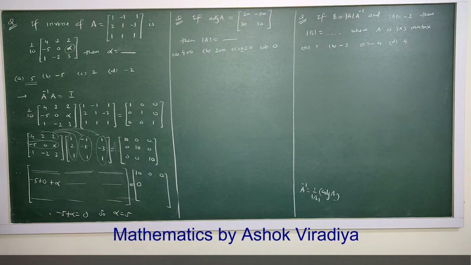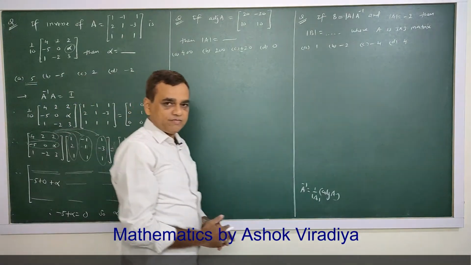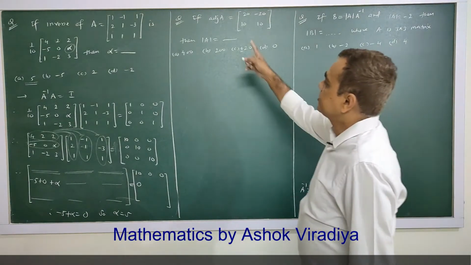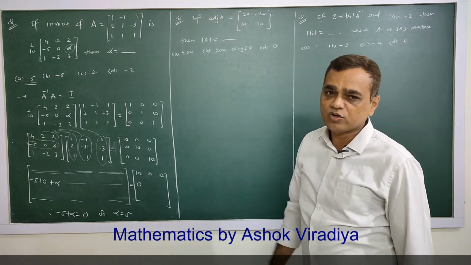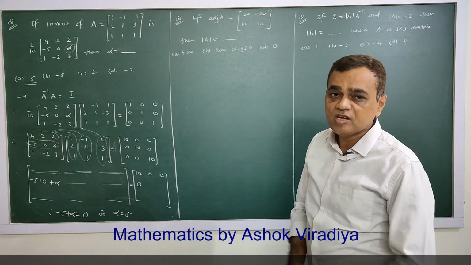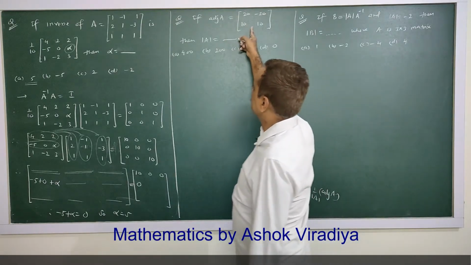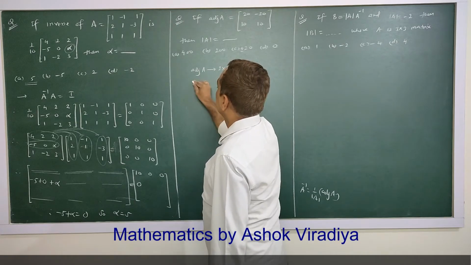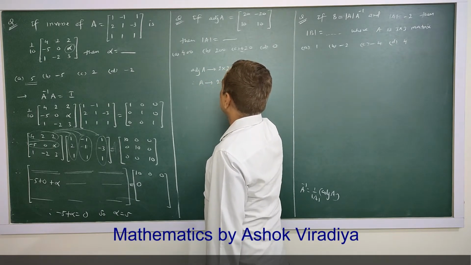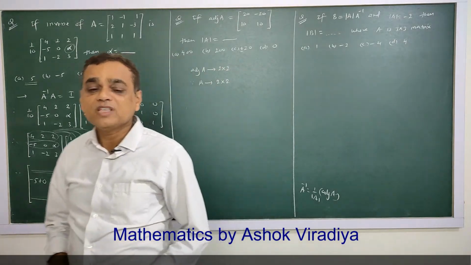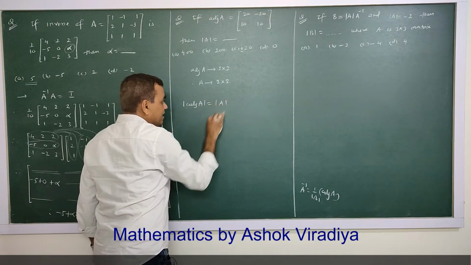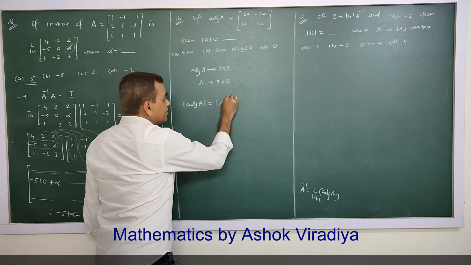तो इस तरह से थोड़ा प्रैक्टिकली सोचते हैं. Now here in this question, adjoint of A is given. What is determinant of A? Obviously adjoint is 2 by 2. Adjoint of matrix A is 2 by 2, so whatever matrix A is, it will also be 2 by 2. Now we know the property that determinant of adjoint A is determinant A raised to n minus 1.